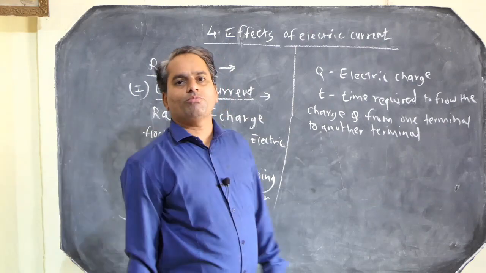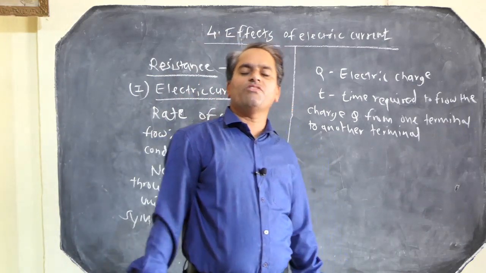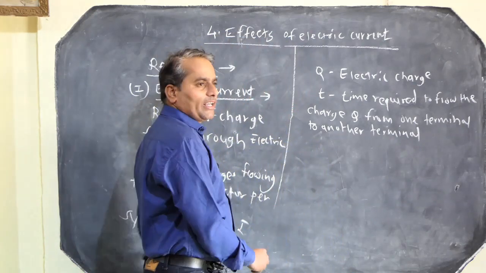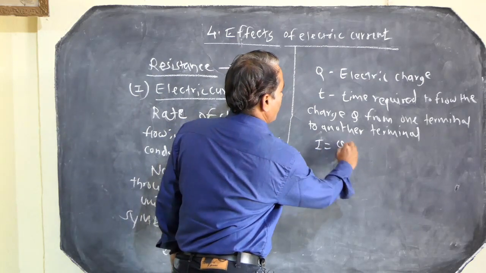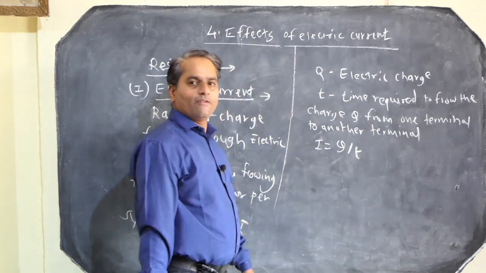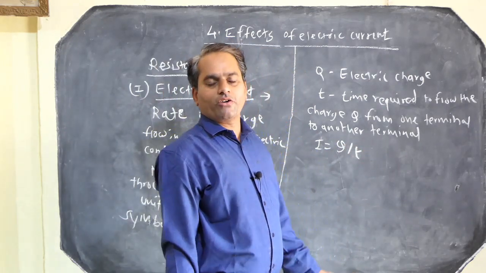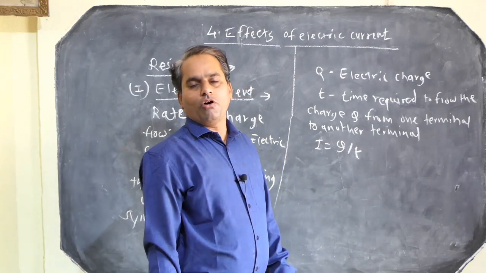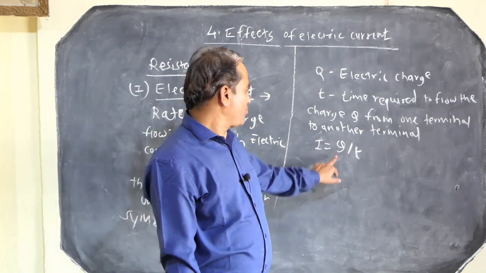That is the definition of electric current. So here I equals Q upon T, that is the formula for the electric current.